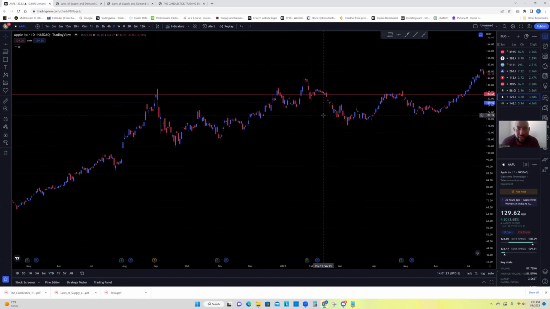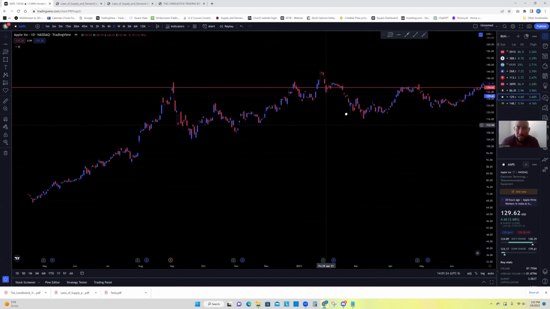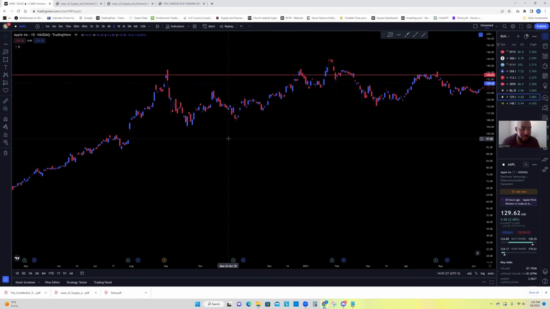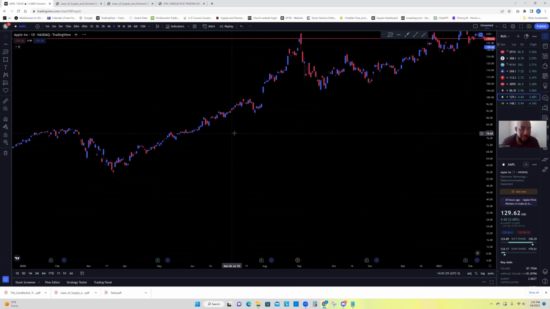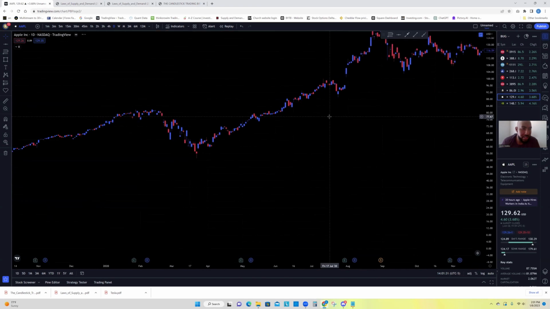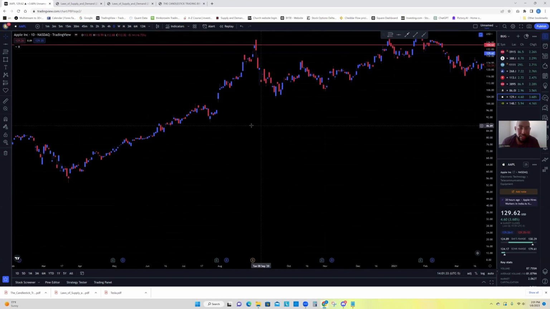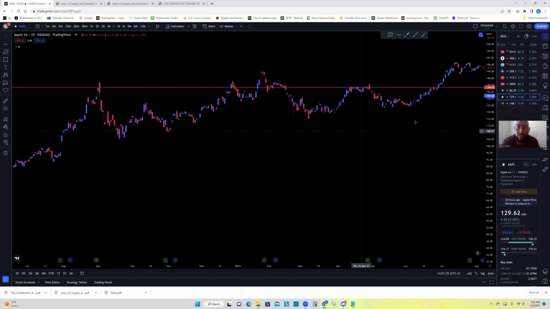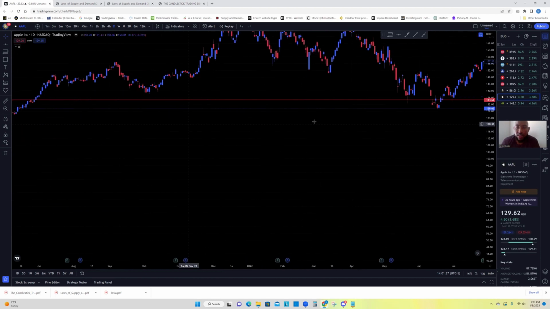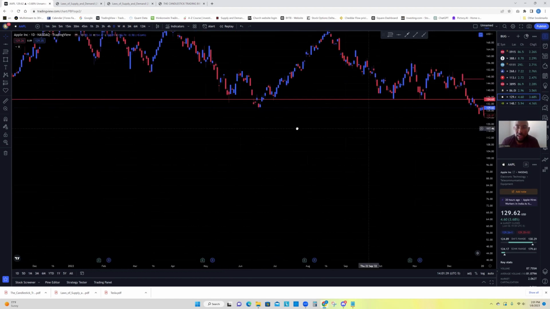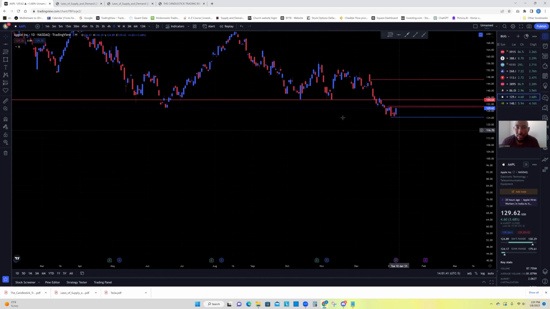I'm trying to find a good supply, and it's typically on the day chart. It's hard to find the drop-base-drops and rally-base-rallies on a day chart. I usually get my support and resistance areas from the day chart, and then I'll go down to like the 1 to 2 hour to find my supply and demand zones.